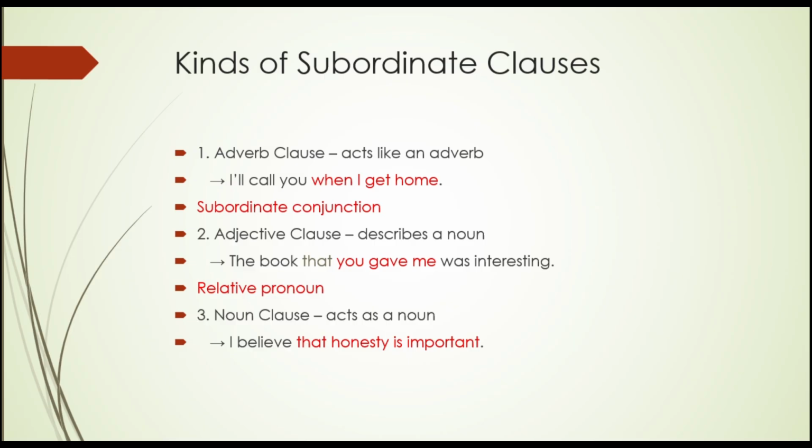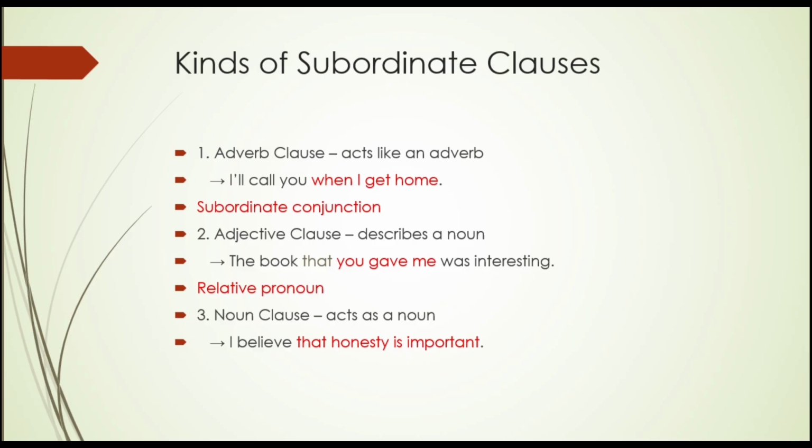Moving to the last type, which is the noun clauses, and it acts as a noun. In other words, it takes the placement of a noun. It has five placements in the sentence: the subject, the predicate nominative, a direct object, an indirect object, or the object of the preposition. We'll have a different video about this part.